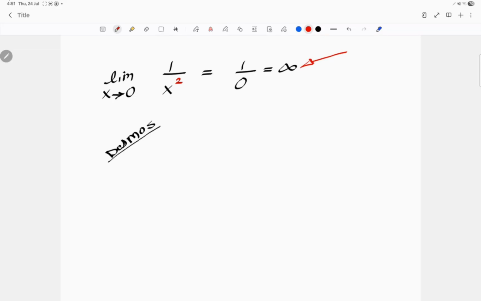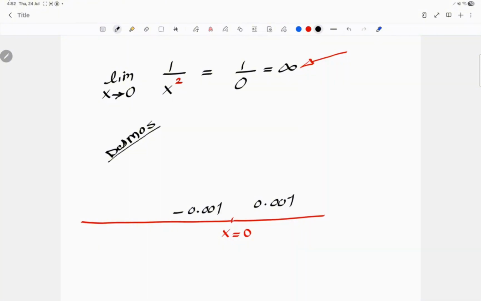Why? Look, on the number line, here is x equals 0, correct? Yes. Pick a number on the left of 0 that's very, very close to 0. Negative 0.001. On the right of 0, pick a number that's very, very close to 0. 0.001. Okay?